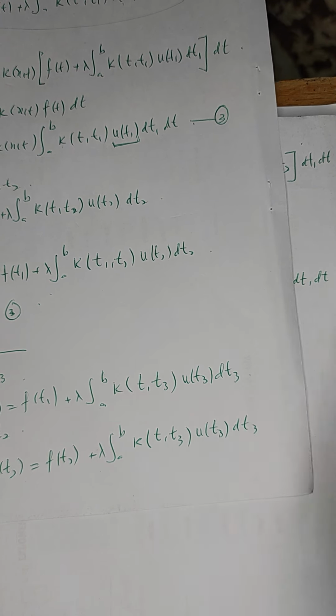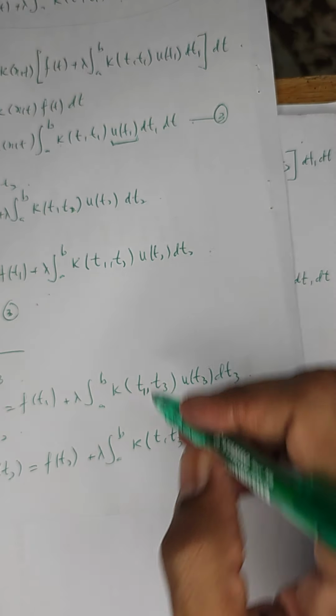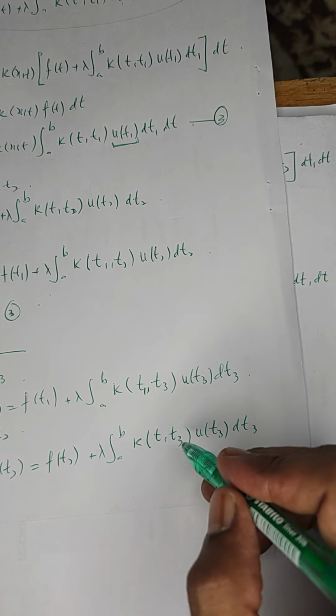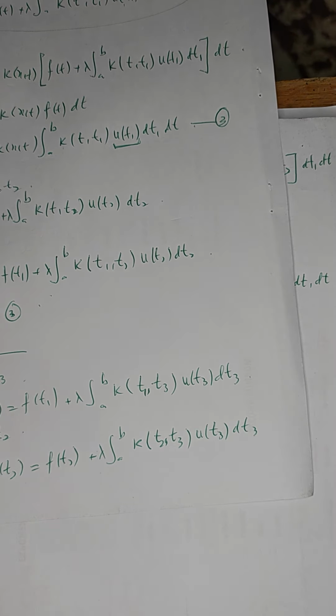Is that correct? So here should be t2, comma. And then you can substitute this into that t2, and then rearrange again.